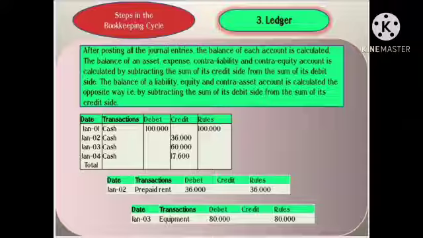Date 2 January transaction, prepaid rent debit 36,000, credit 36,000. Date 3 January transaction, equipment debit 80,000, credit 80,000.